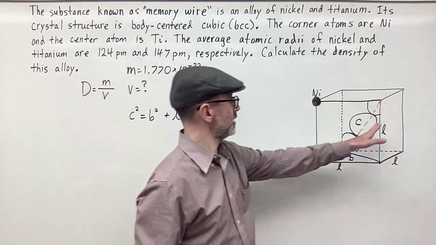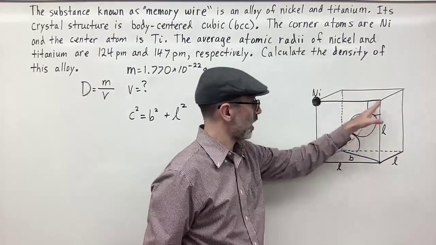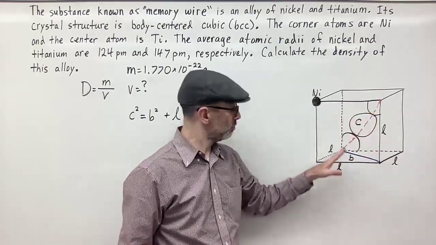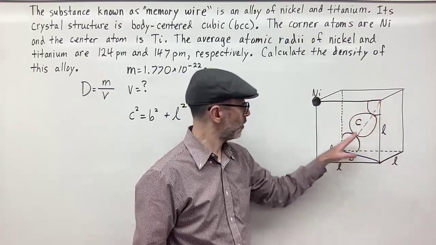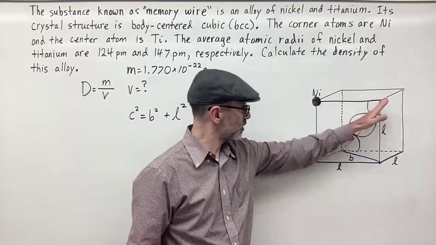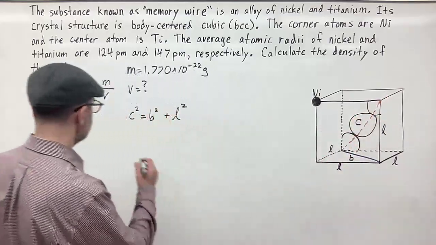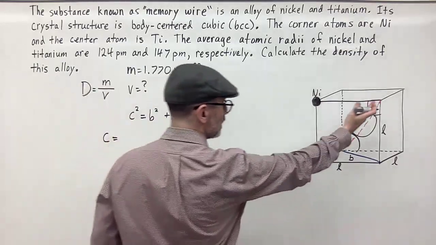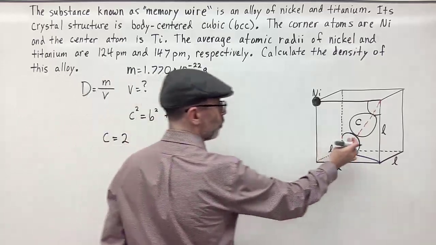But C, we said, is this line here, which the radii of the nickel atoms and the titanium atom are making up. So this line is broken up into those radii. So the length of C is going to be equal to 2 times the radius of the nickel.